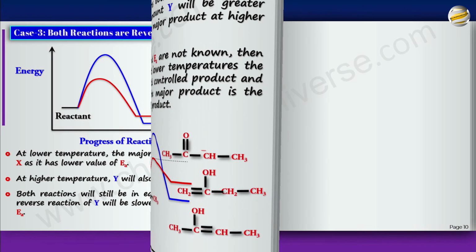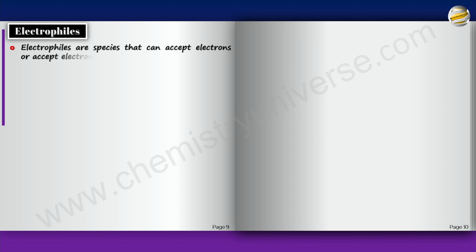Now let's talk about electrophiles and nucleophiles, because this is another point that we need to understand here. This entire topic is about electrophiles and nucleophiles, so we need to understand them. In fact, it's more about nucleophiles, not electrophiles, but we'll do both of them. Electrophiles are species that can accept electrons or accept electron-rich species like nucleophiles.